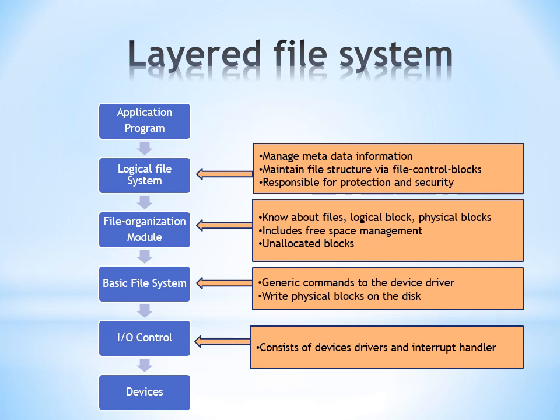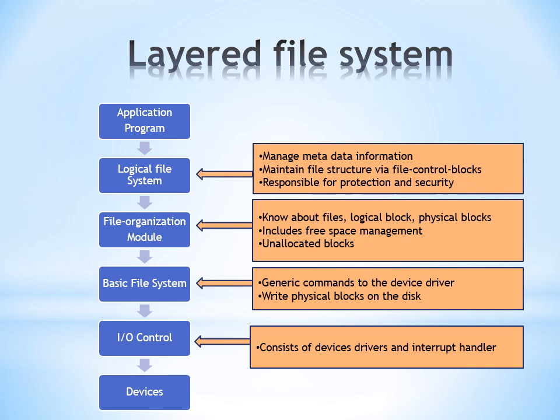The file system normally runs in a layered form. If we start with the application program, your application programs will create the logical file system, where you manage metadata, which is data about data. It maintains the file structures through the file control blocks, and is responsible for protection and security.